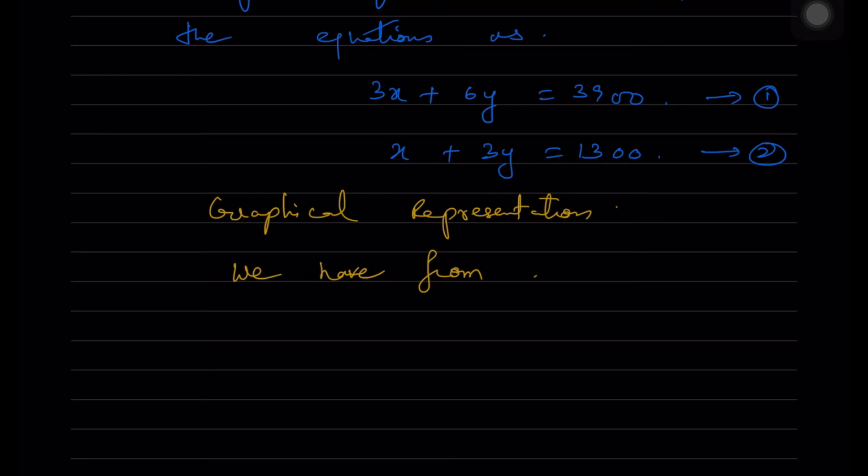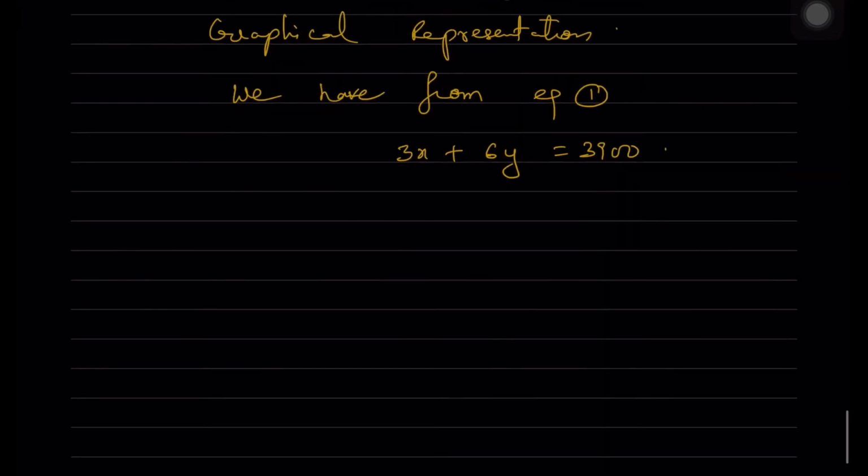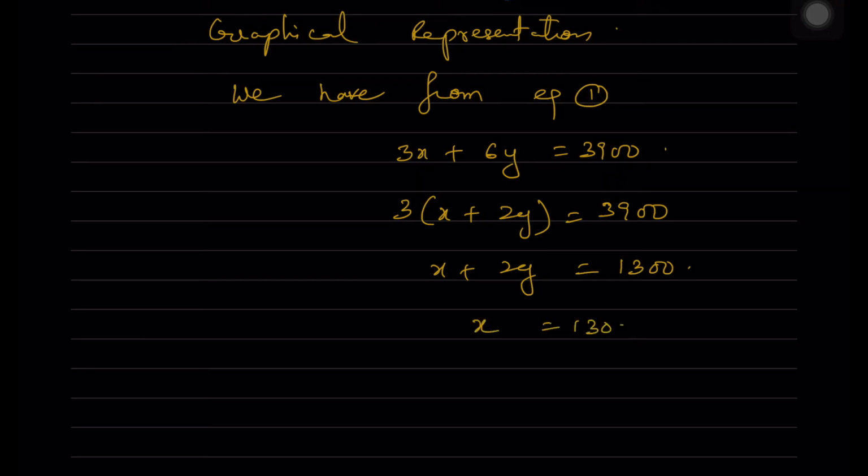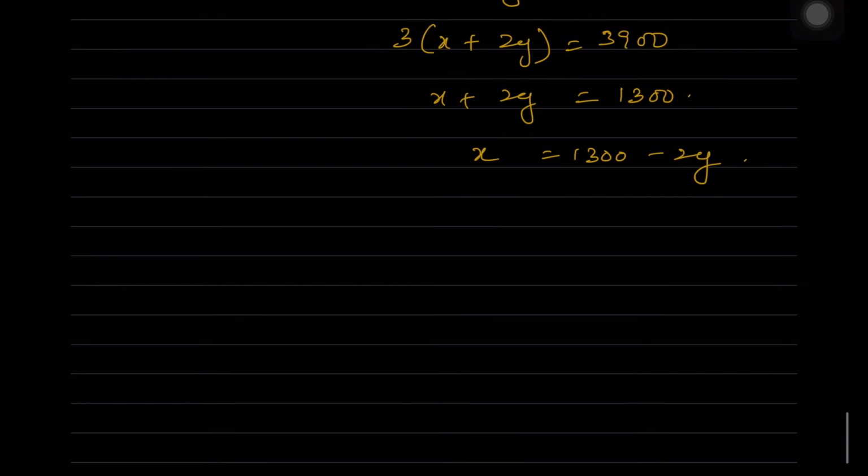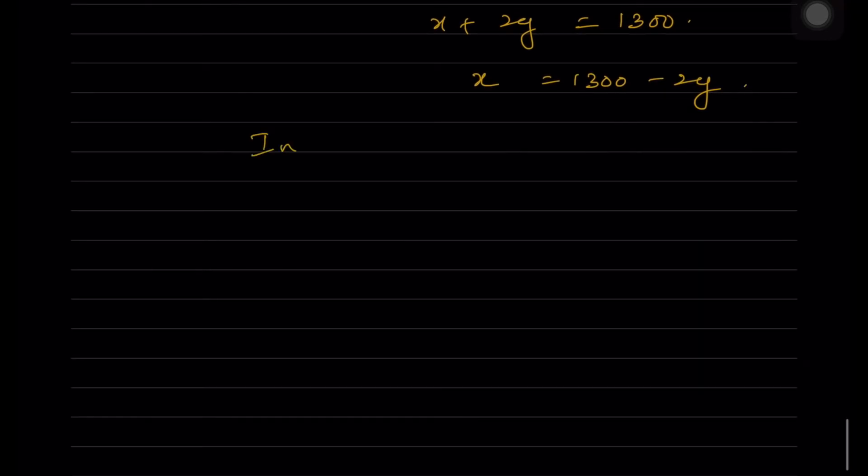So again we are doing this. Okay, let the cost of one bat be rupees x, the cost of one ball be rupees y. Cost of 3 bats is 3x, cost of 6 balls is equal to 6y. So from the question we have 3x plus 6y is equal to 3,900.